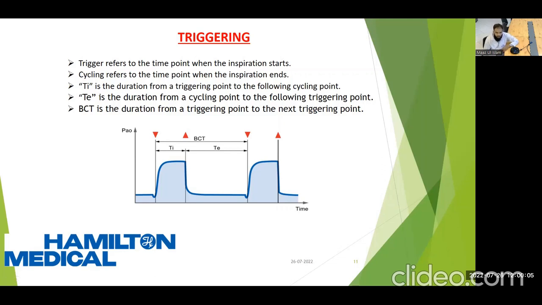Now, Ti is the duration from a triggering point to the following cycling point. Te is the duration from a cycling point to the following triggering point, while BCT is the duration from a triggering point to the next triggering point. The picture shows these five points.